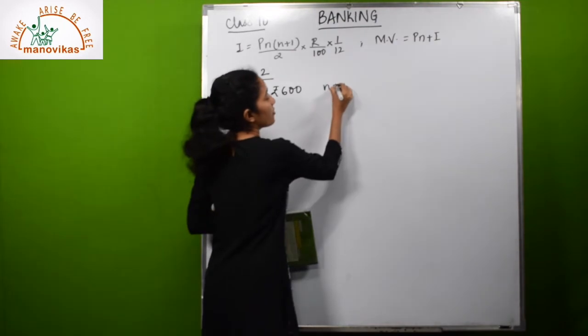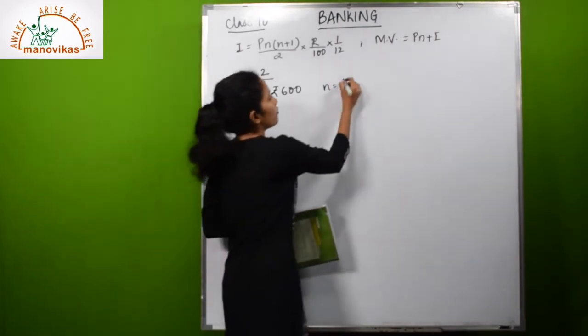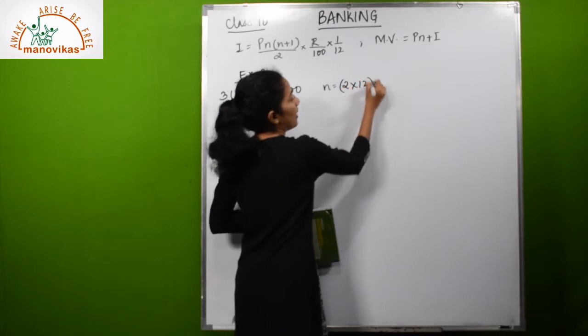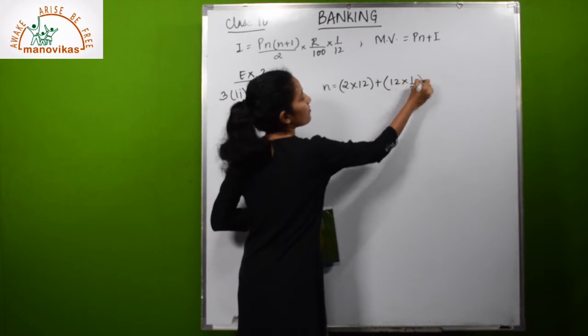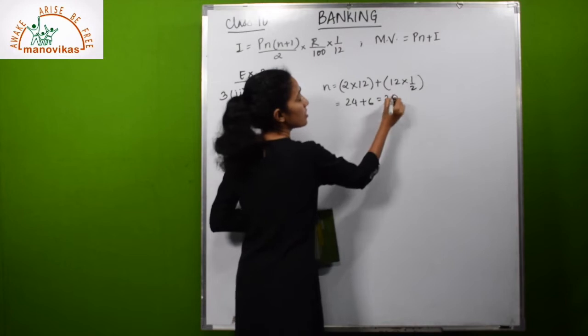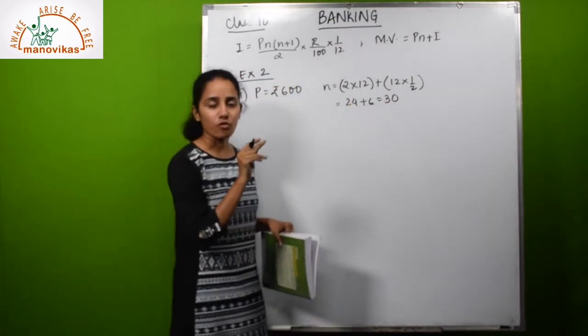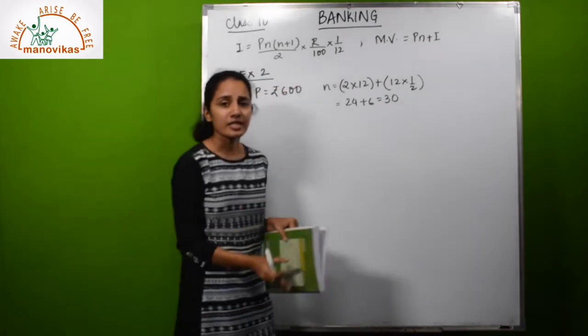And the time here is that she has deposited it for 2.5 years. So 2 into 12 plus 12 into half. That will be 24 plus 6, which is equal to 30. So for 2 years it is 24 and half is 6. So that will be 24 plus 6, which is 30 months.